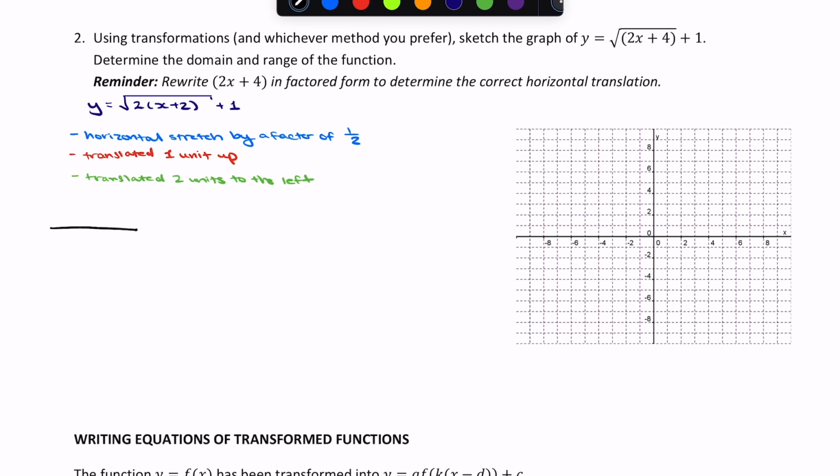And so here, let's plot some points on our table of values. Our original parent function will be y is equal to square root x. And so that's 0, 1, 4, and 9 for our x values. And then our corresponding y values would be 0, 1, 2, and 3.